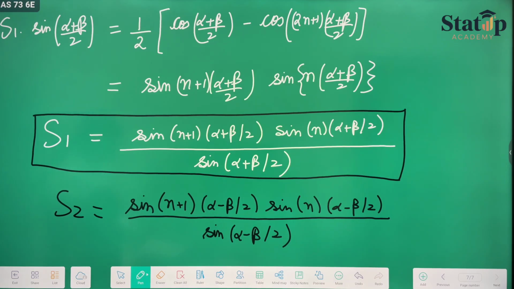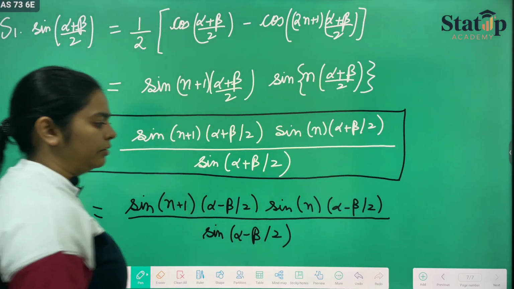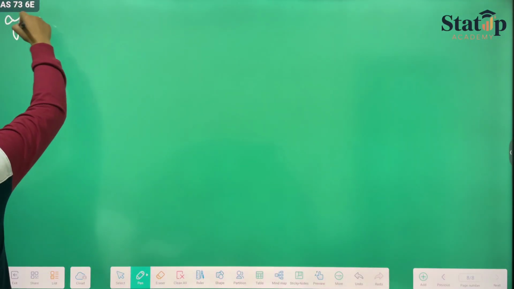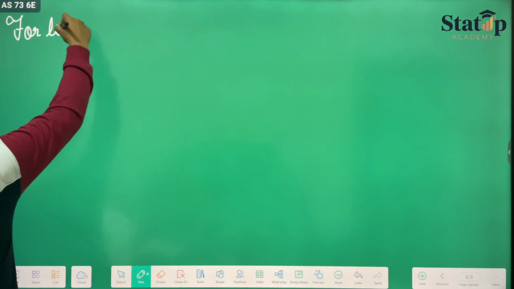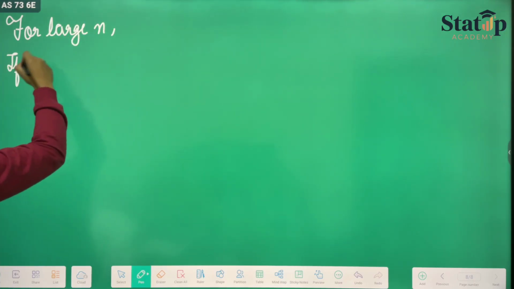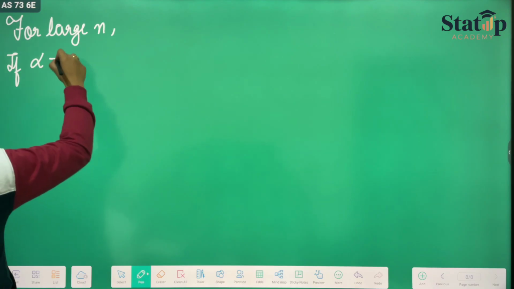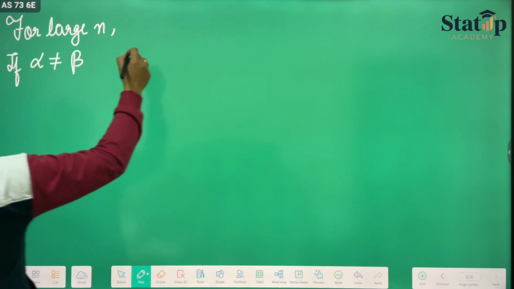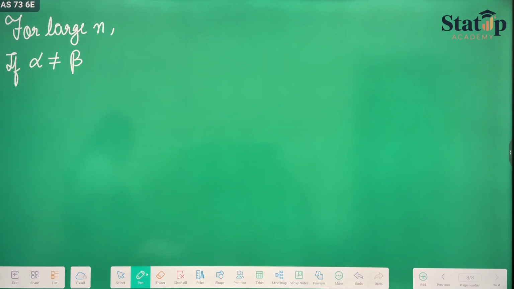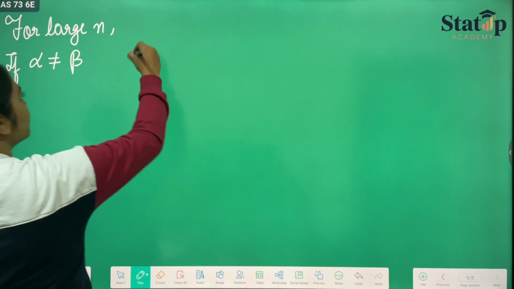And now if we refer to the result for large n: if alpha is not equal to beta, then A goes to 0.